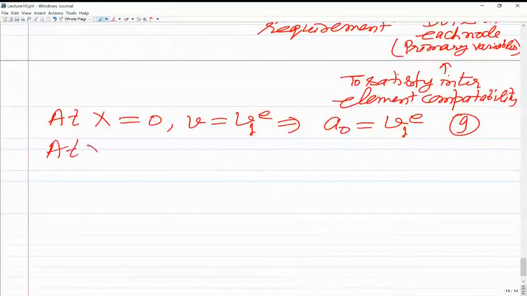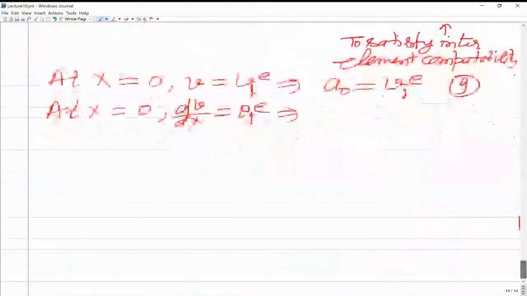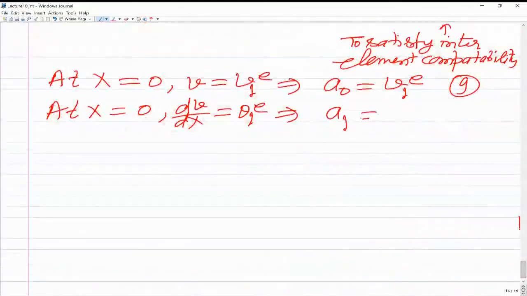And then at x equal to 0, we also have dv by dx is equal to theta 1e. What you need to do is differentiate this expression with respect to x and then put x equal to 0. So you will get a1 equal to theta 1e, and let us say this is equation number 10.